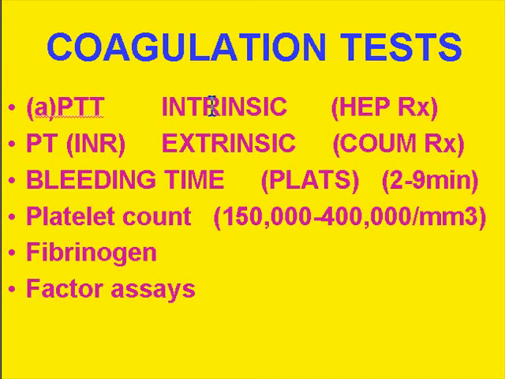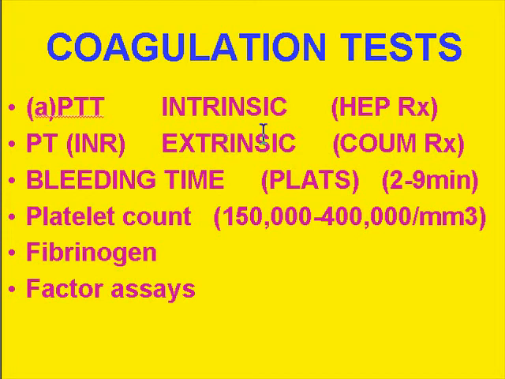And because the intrinsic pathway is the thing that needed to be measured for patients on heparin therapy, you got a PTT test for patients on heparin or intravenous anticoagulation. Now they call it APTT, for activated. The PT is now called INR, unfortunately. That's the same concept as the prothrombin time, and that measures the extrinsic.